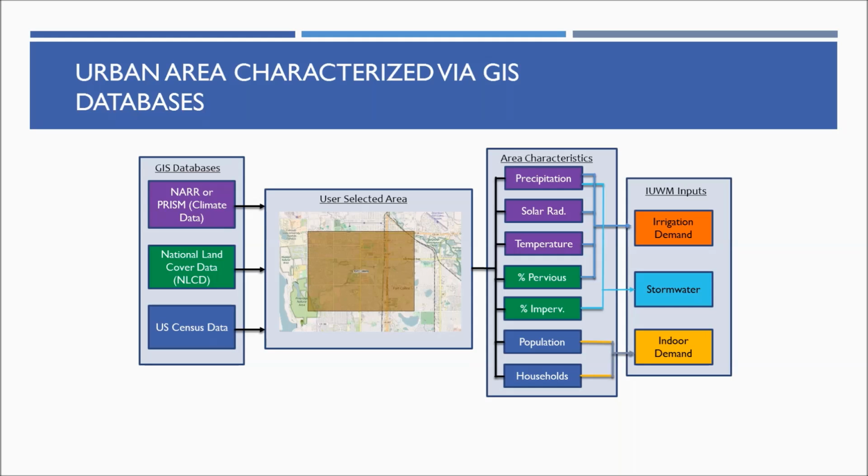From all of these characteristics of a certain urban area, you can now have an estimate of irrigation demand, stormwater, and indoor demand, and those are all then used to run the various scenarios within the integrated urban water model. Therefore, the user is basically getting the most up-to-date data possible from these various databases.